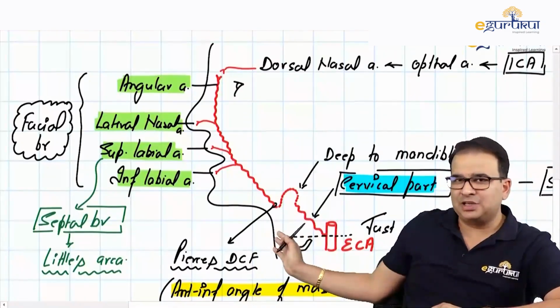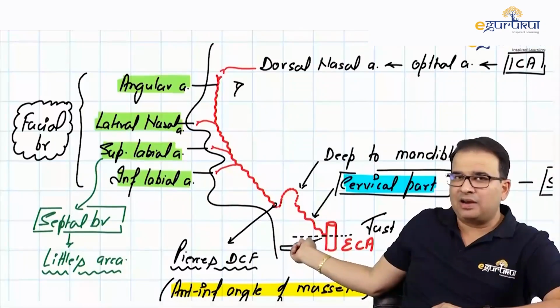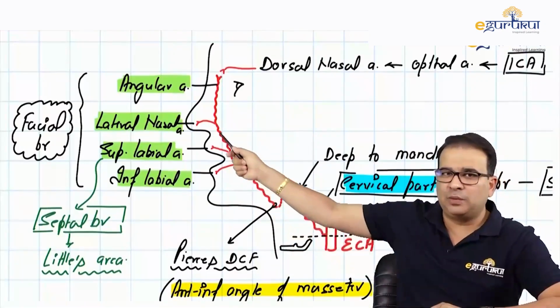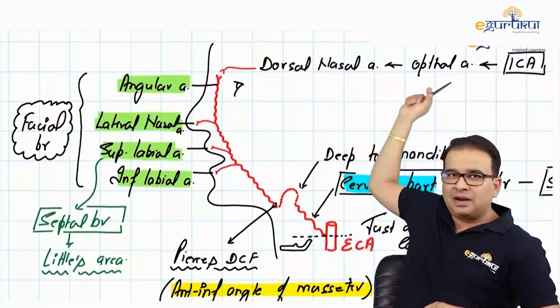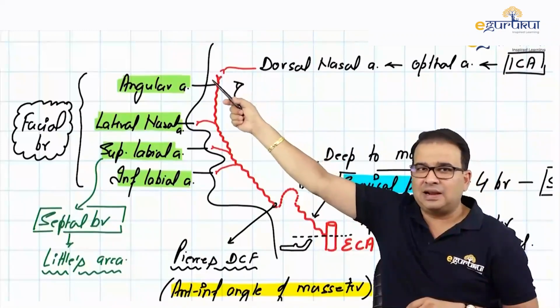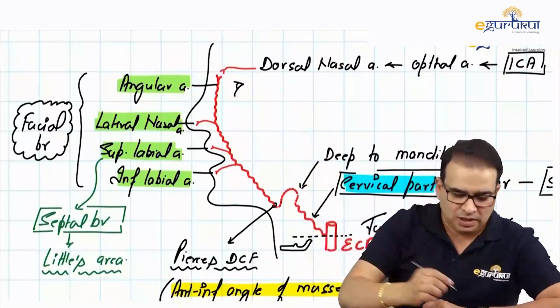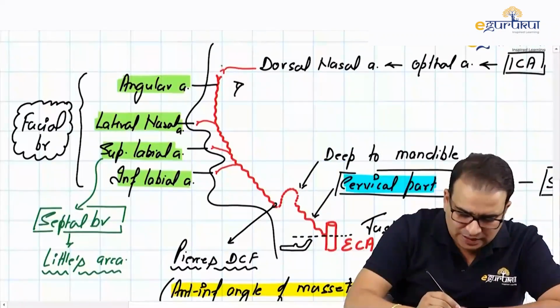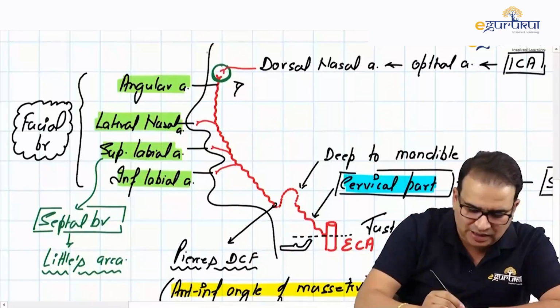So if you see this connection here, the external carotid artery gave off the facial artery which reaches all the way to this point here. And the internal carotid artery gives off the ophthalmic and then the dorsal nasal artery, and that anastomoses with this one. So this here is an anastomosis between the branches of the external carotid and internal carotid.